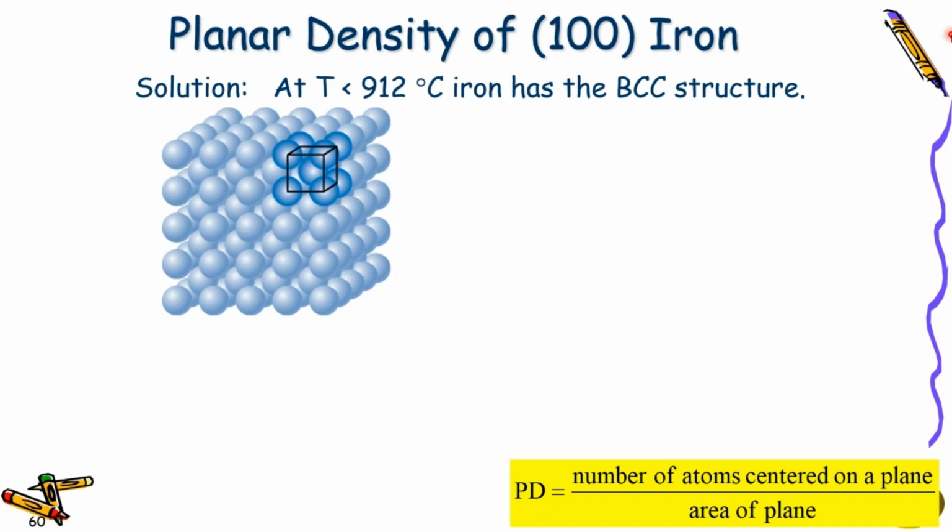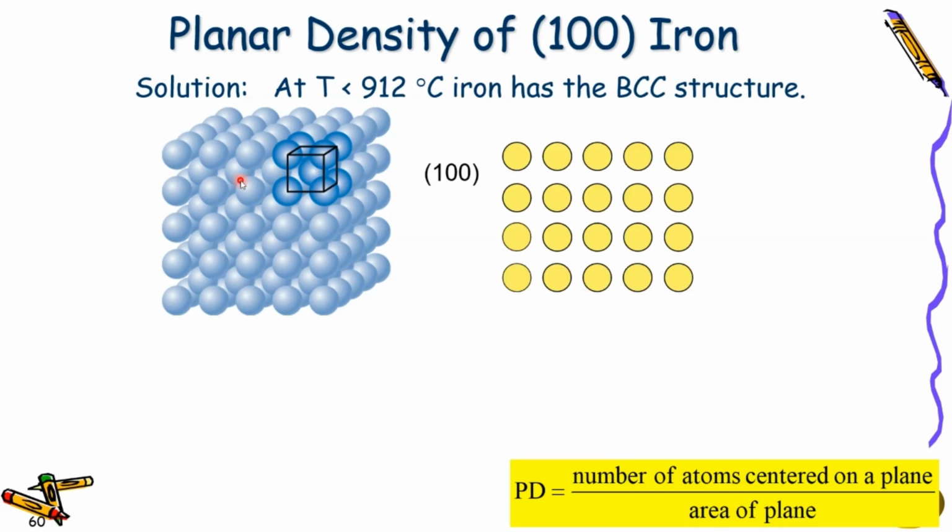And you understand the planar density. The definition of planar density looks like this. So the (100) in 2 dimensions looks like this. This is the plane of the (100). And you understand this is the atoms on the surface only. This is not atoms on the surface.